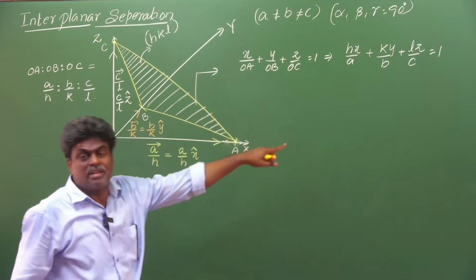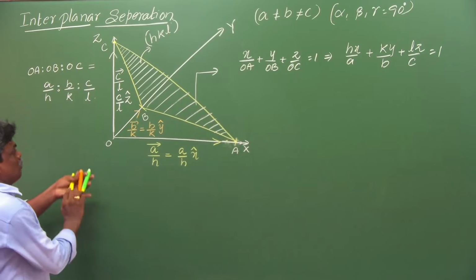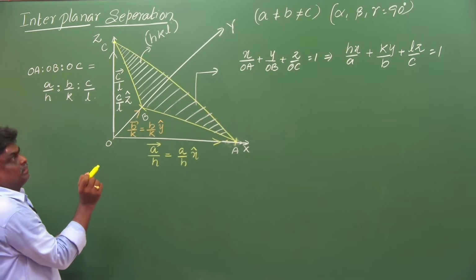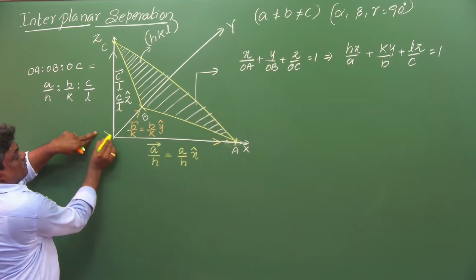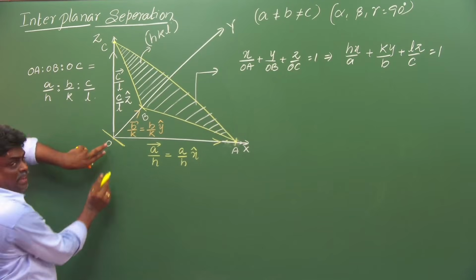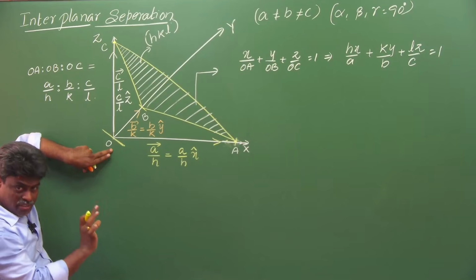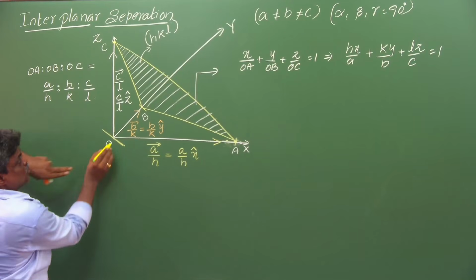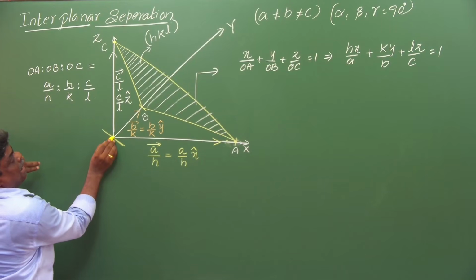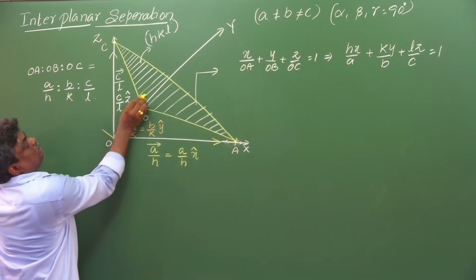That is my plane equation. Now for that plane, I want the perpendicular distance between origin and the plane. So first I am taking a normal to the plane.